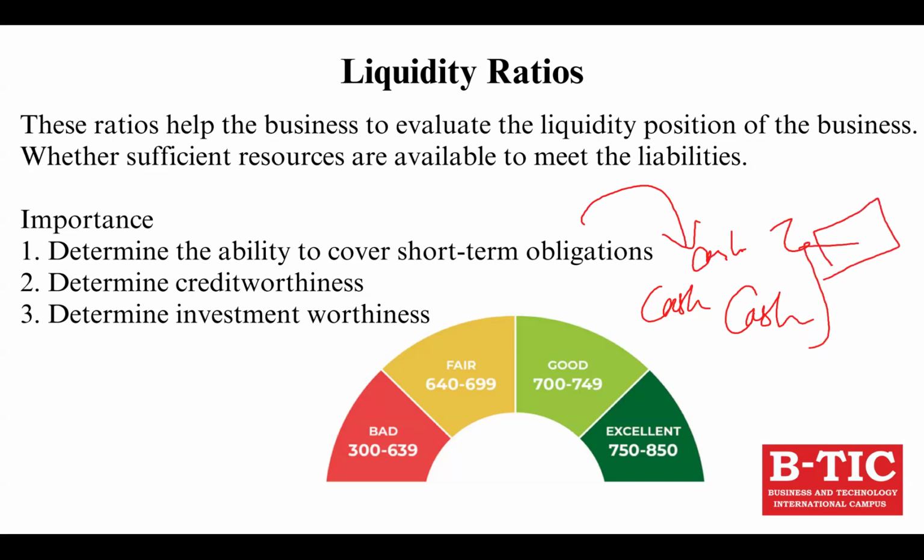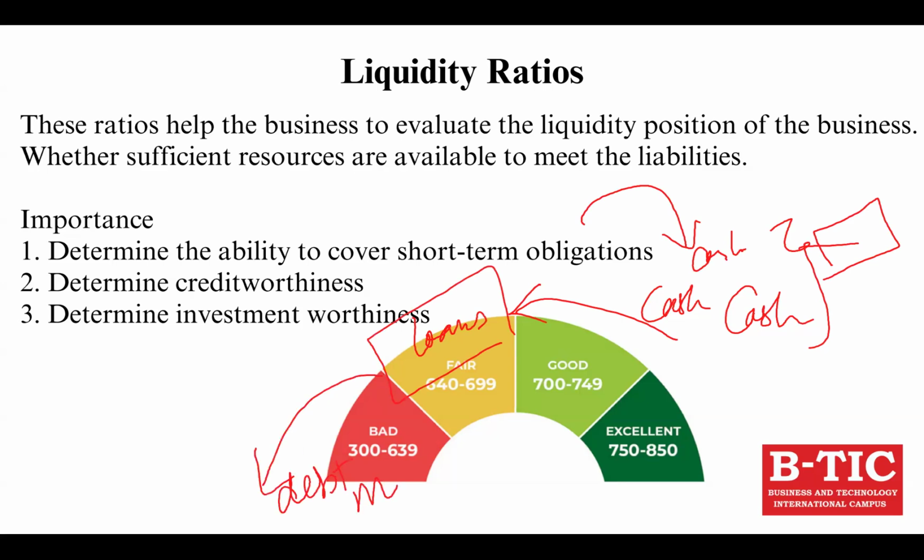So we try to find other sources of finance, usually loans. Now this will affect the debt management ratio. So that's the reason it's very important for you to have a good liquidity ratio.